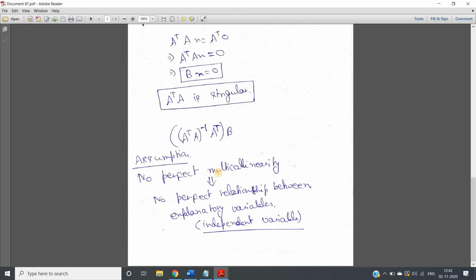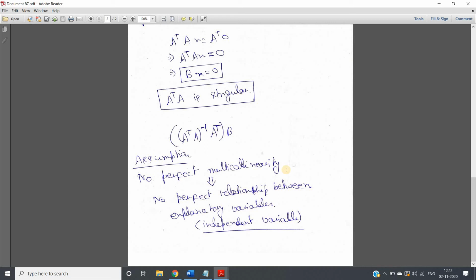Remember this. Because if perfect multicollinearity or linear dependency is present, then A transpose A will be non-invertible, and we cannot calculate this particular expression. So for multiple linear regression, one of the most important assumptions is no perfect multicollinearity.